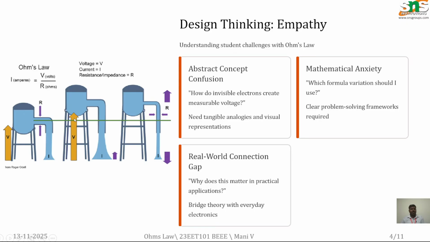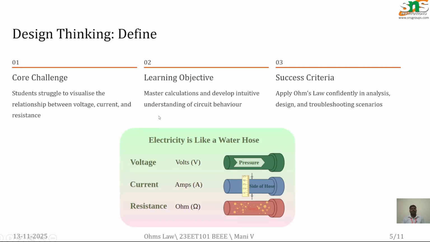So the height represents the voltage, the water flow represents the current, and the diameter of the pipe represents the resistance. In the define stage, we struggle to visualize the difference between voltage, current, and resistance, so we can just take a water pipe.